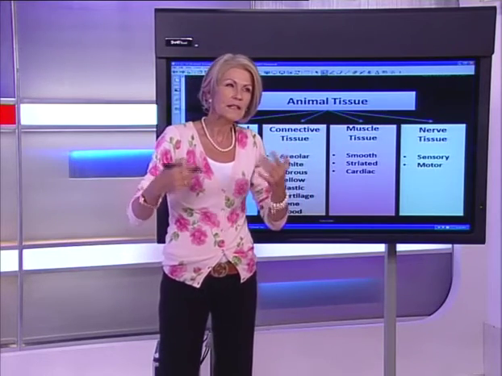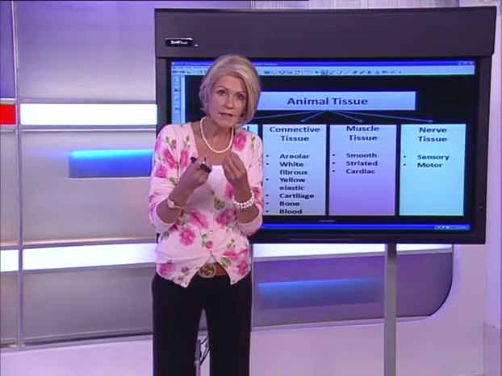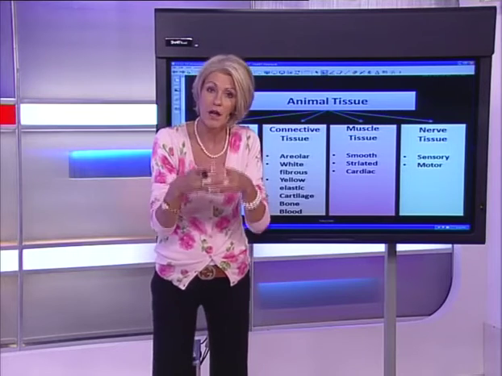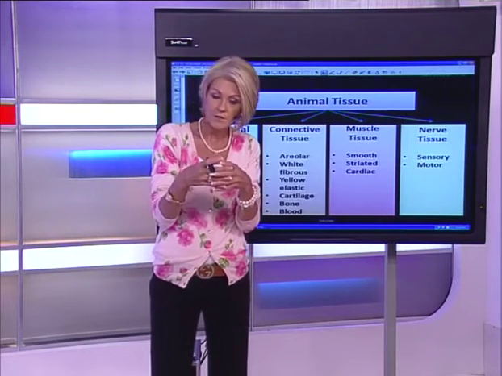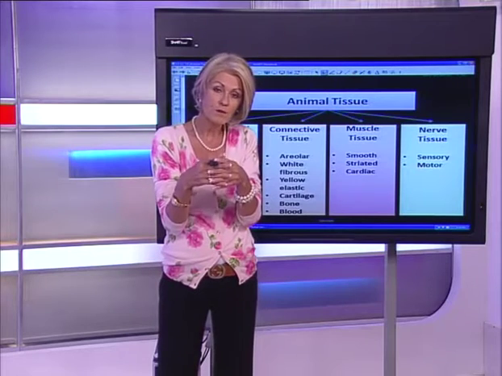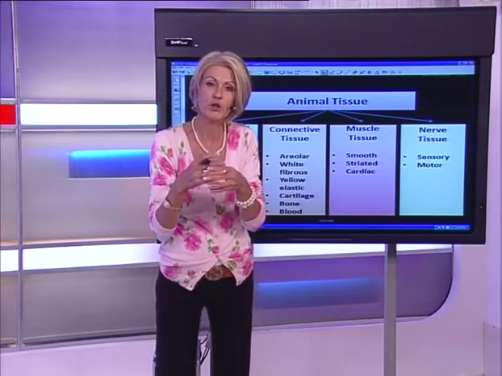So, let's say we have cardiac cells. Those little cardiac cells will make layers of tissue, which will eventually make up the heart. Now, the heart, what is it? It's just the pump. But the heart forms part of different organs that make up the circulatory system.